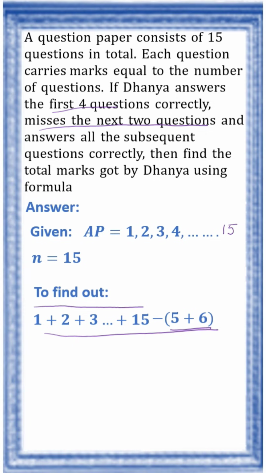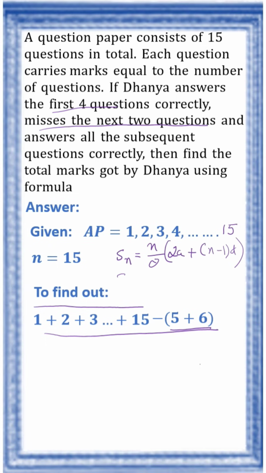Here there are 3 formulas to find Sn, the sum of terms. One is n by 2 into 2a plus n minus 1 into d. You need not use this formula since here the common difference is 1, it will be cumbersome.